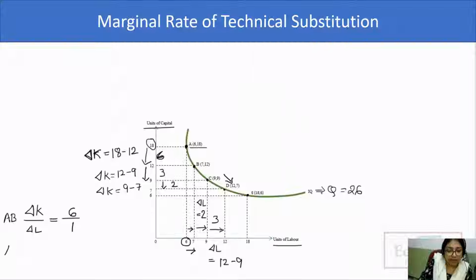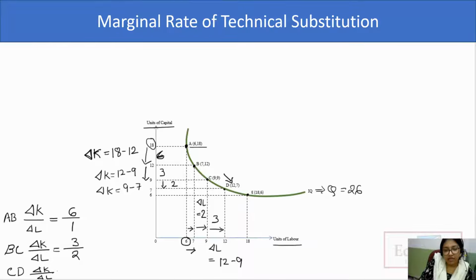For B to C, the change will be del K by del L, which is 3 by 2. And if you look at C to D, the change in capital divided by the change in labor will be 2 by 3. So what can we see here?